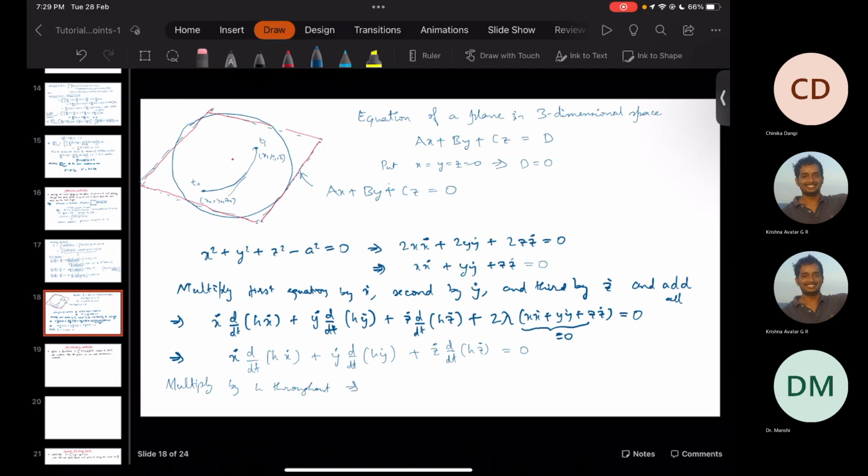So then this gives us h x dot, and similarly h y dot, plus this one, right? So effectively, what does it give? h x dot into d by dt of h x dot plus h y dot d by dt of h y dot plus h z dot d by dt of h z dot is equal to 0. Fine.